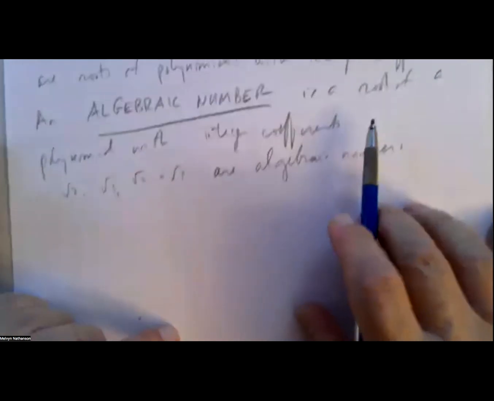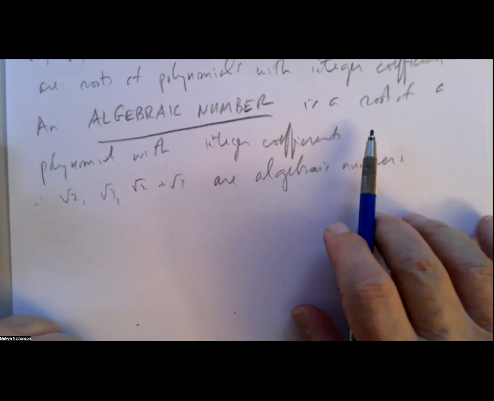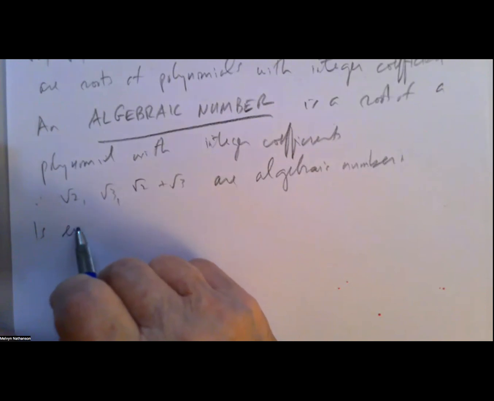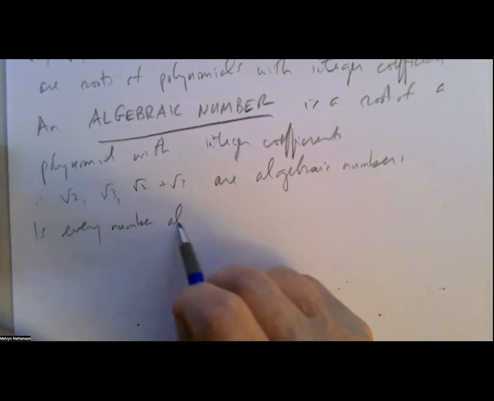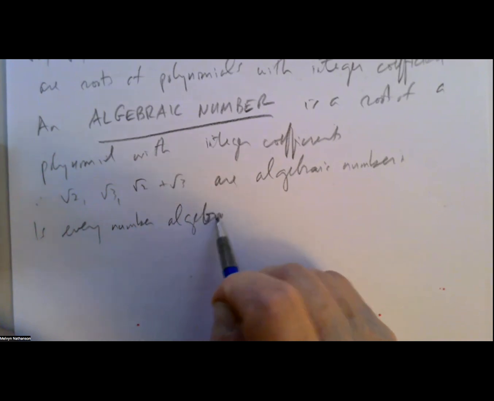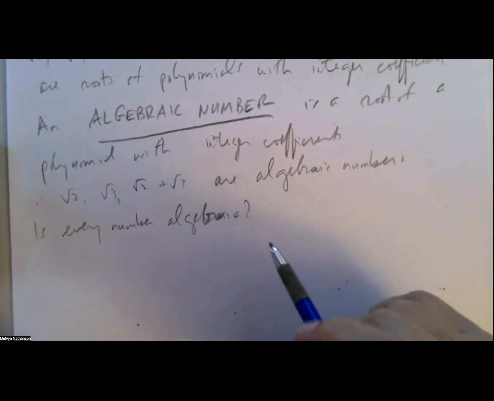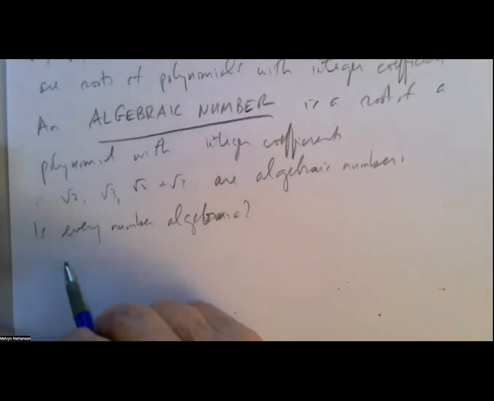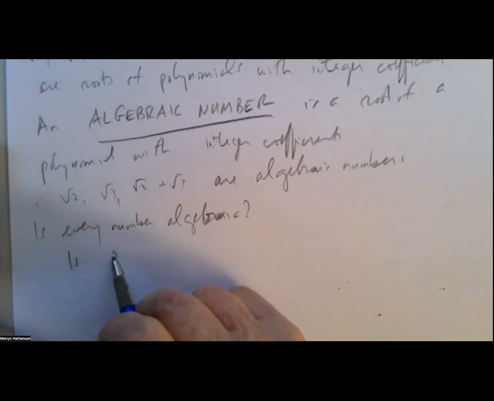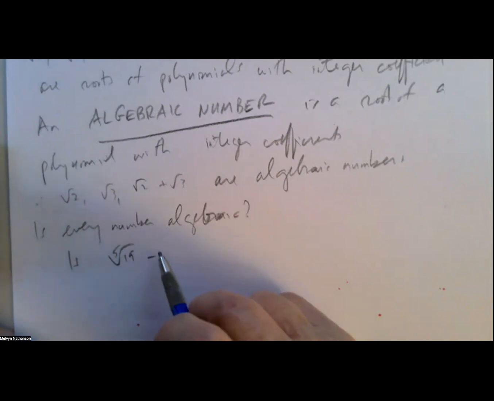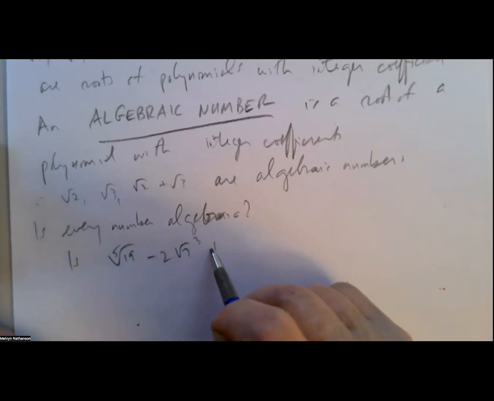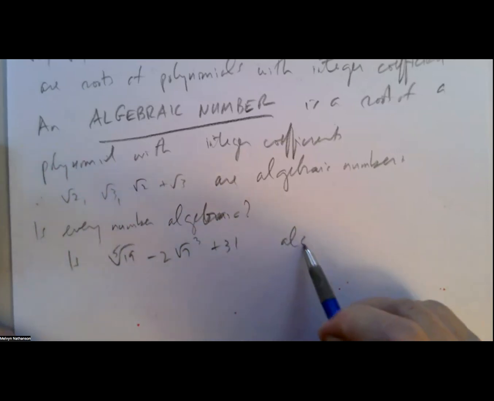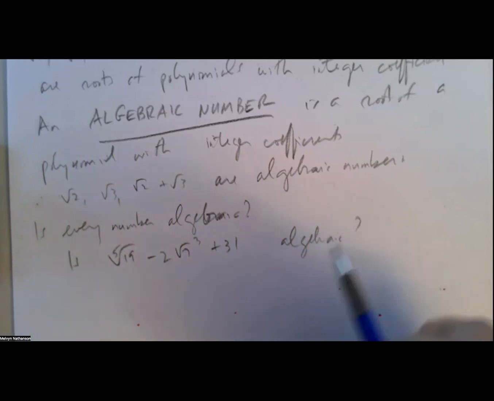And just as one could ask whether every number is a fraction, and the answer was no, we can ask, is every real number algebraic? So if you have any number like the fifth root of 19 minus 2 square root of 7 cubed plus 31, is this algebraic?